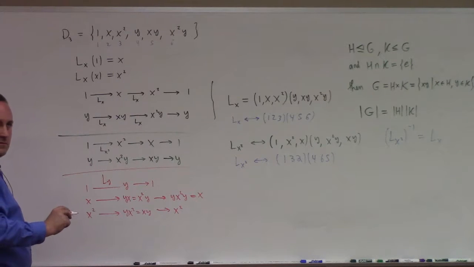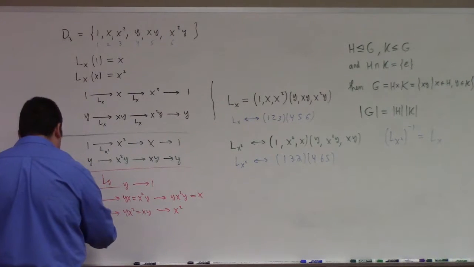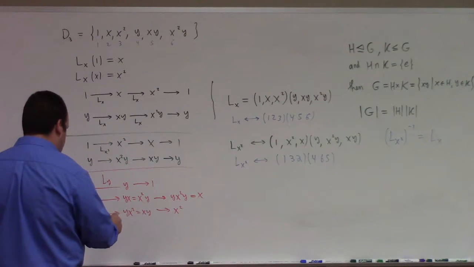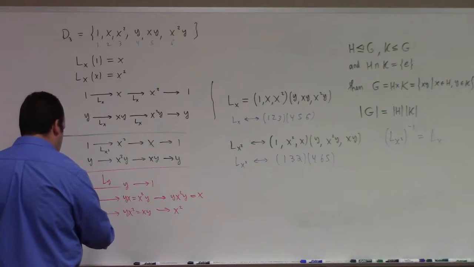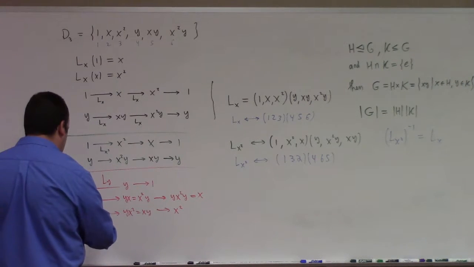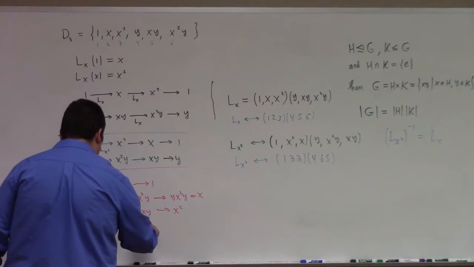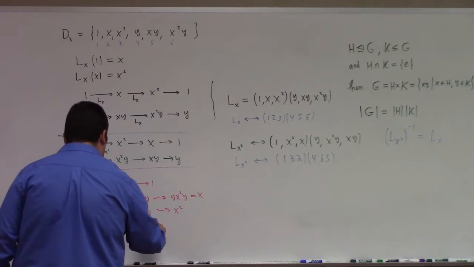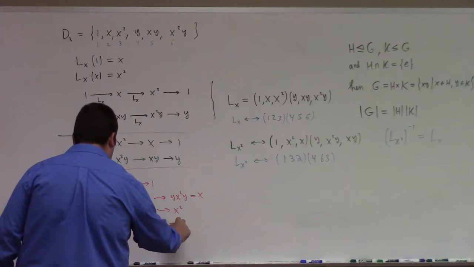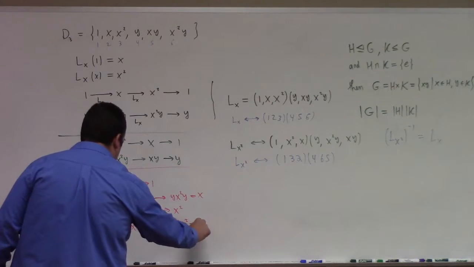And what else is there? Did I get everything? xy goes to yxy, also known as x squared, and that goes to yx squared, which is also known as xy.